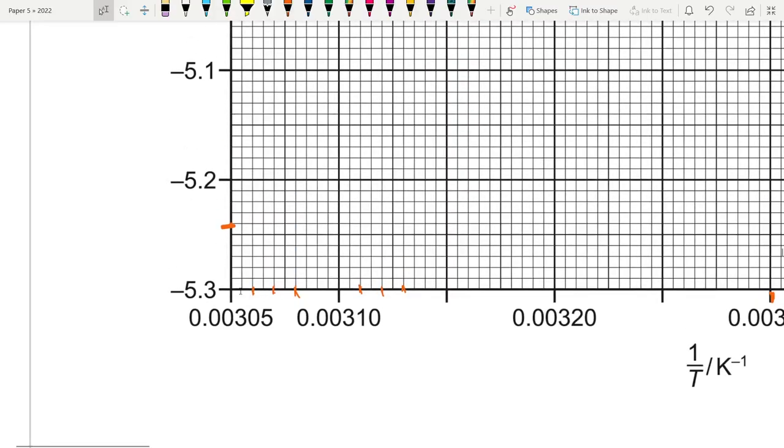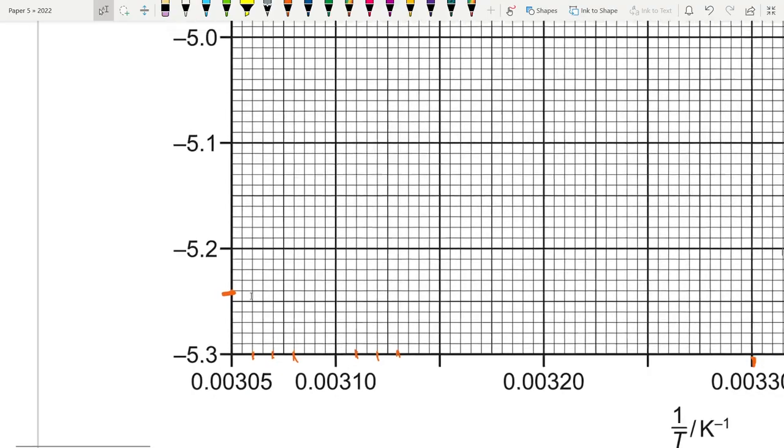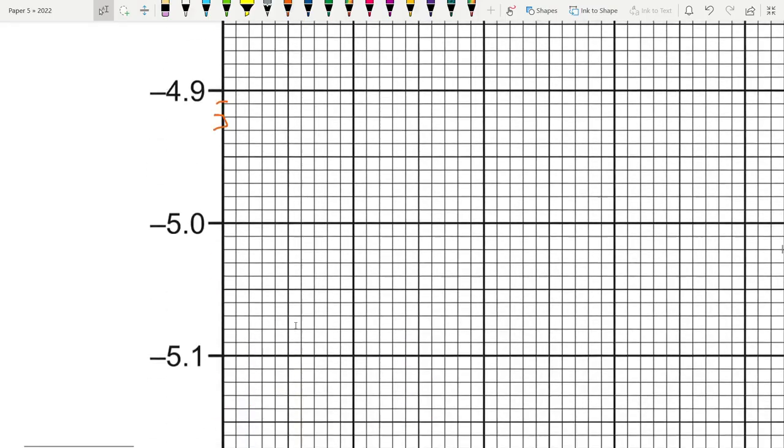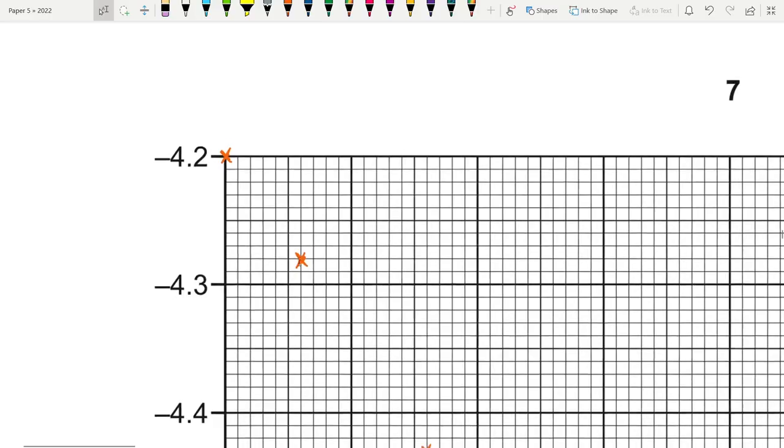Essentially, 2 boxes means 0.00306, 0.00307, 0.00308, so 2 boxes is equal to 0.00001. That's how it's done. After 2 boxes, it ends up being 0.00306, 307, 308. So according to that, it's over here.